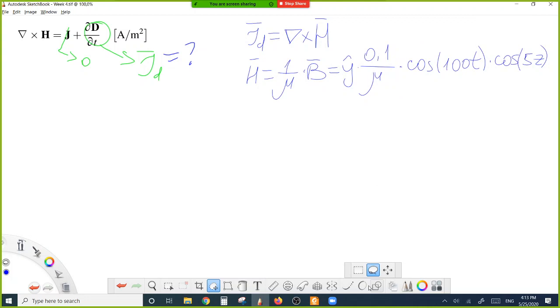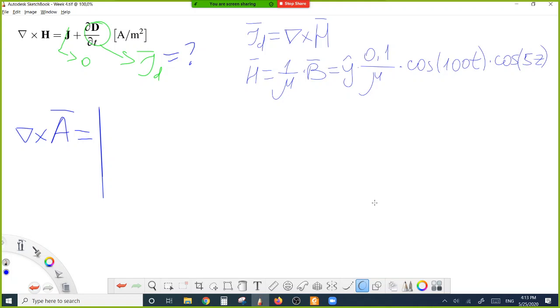How do we compute the rotor of any generic vector field? In order to compute the rotor of any generic vector field, we use the matrix method, which is, I think, more convenient.